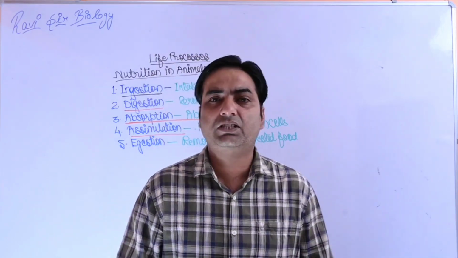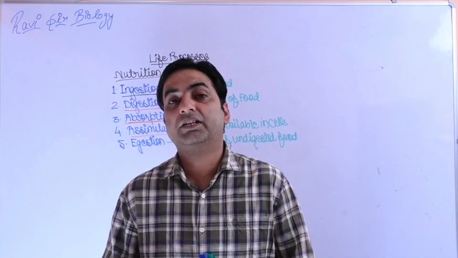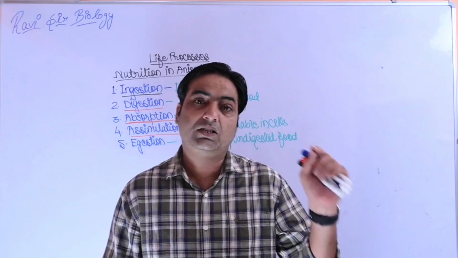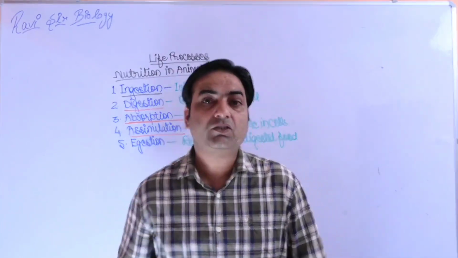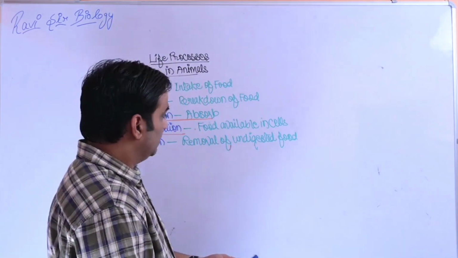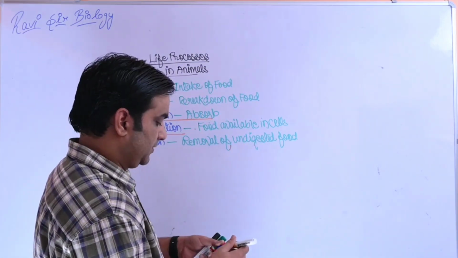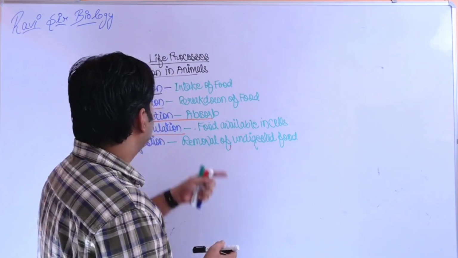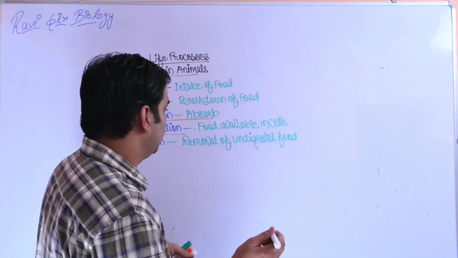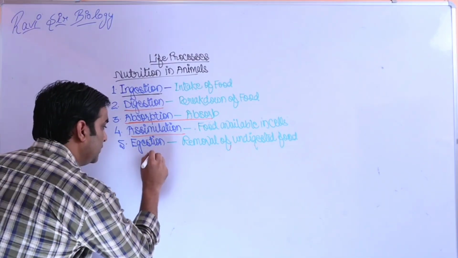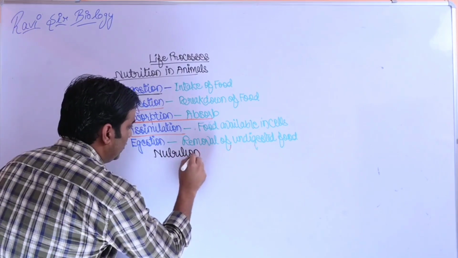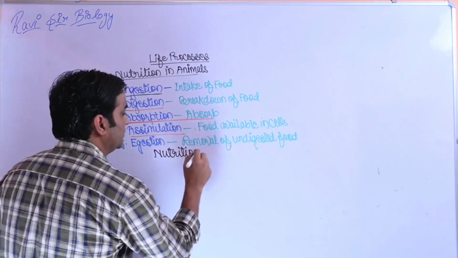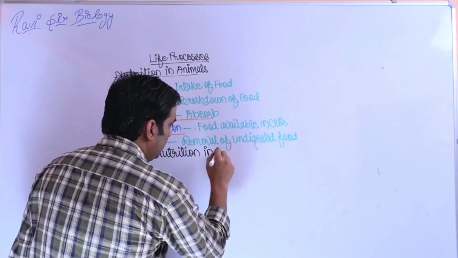So these are all 5 steps, which are very common in all organisms, whether a single cell animal or a multicellular animal. Today we will talk about one of the most important parts of this segment, nutrition in amoeba.